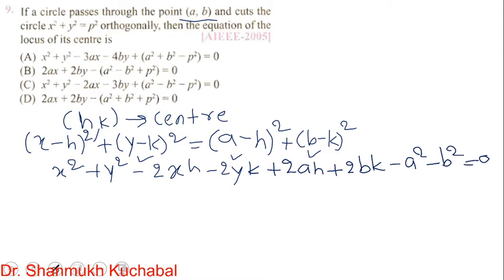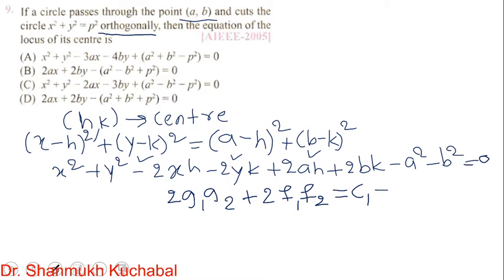Further, they have given that these two circles are orthogonal, that is, at 90 degrees. The orthogonal condition is 2 g1 g2 plus 2 f1 f2 equal to c1 plus c2.